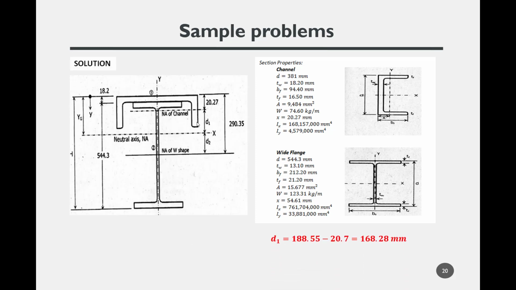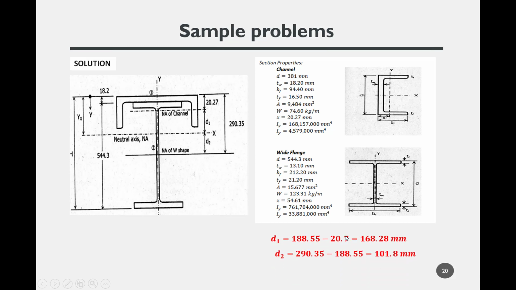For the D1, we have 188.55 minus 20.7, kasi ito yun. Bakit nawala dito yung 2?